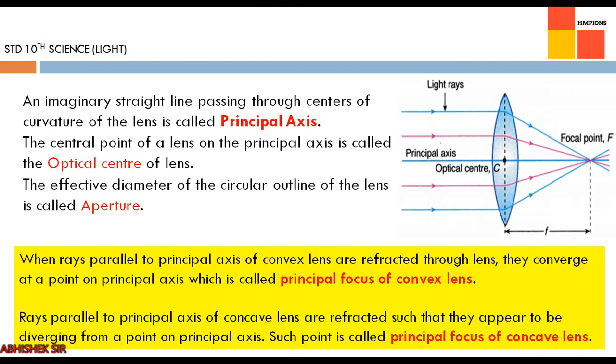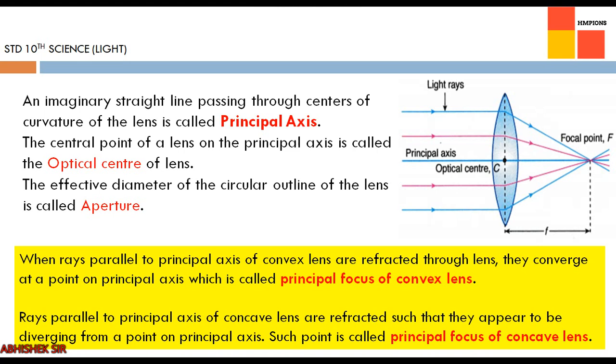The optical center is the central point of a lens on the principal axis. Remember, we have a similar concept of pole in the mirror. So if it is a lens, then it is not pole, it will be optical center. Next is the effective diameter of the circular outline of the lens, which is called aperture. So it is nothing but the diameter of the lens.